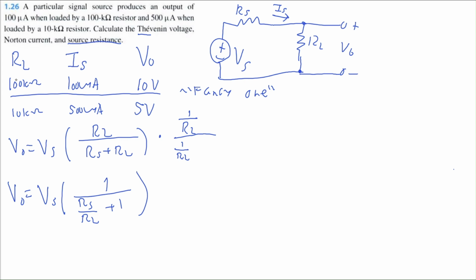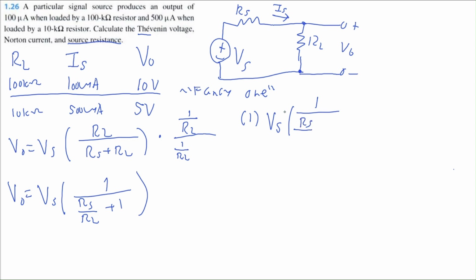So I have two values of RL and I have two values of V out, and that would leave me with two unknown variables. So I'm going to try to make a system of equations. So we'll do this first row of data. So we have VS times 1 divided by RS.